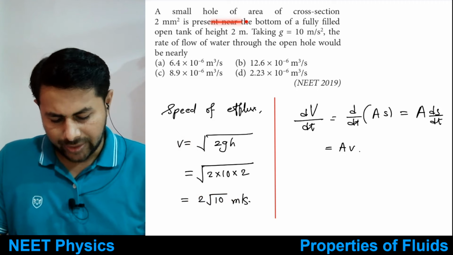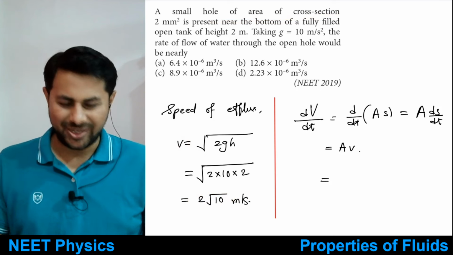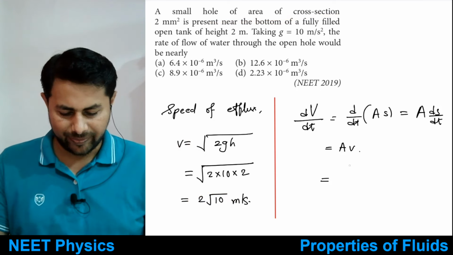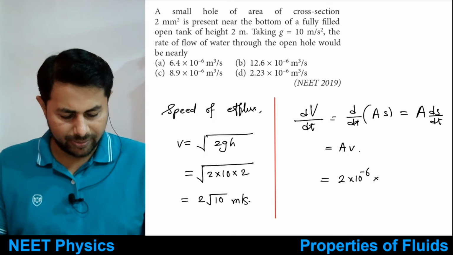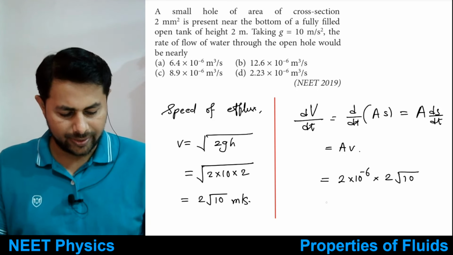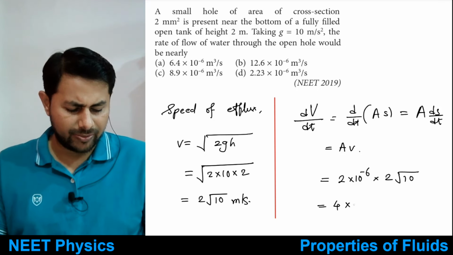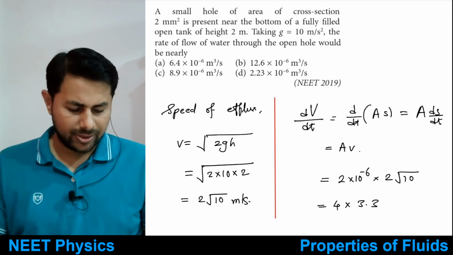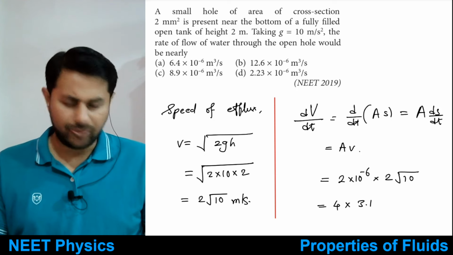And what is the area of cross section? Area of cross section of the efflux orifice is 2 mm square. So 2 multiplied by 10 raised to minus 6 multiplied by 2 root 10. So that is 4 root 10. And root 10 is roughly equal to 3.1 something.